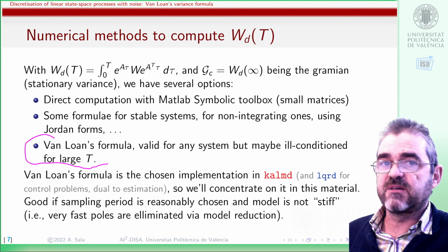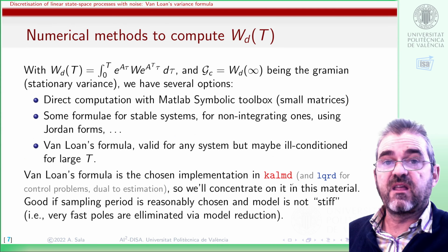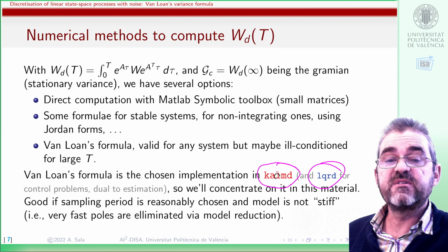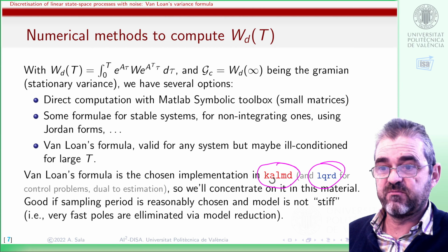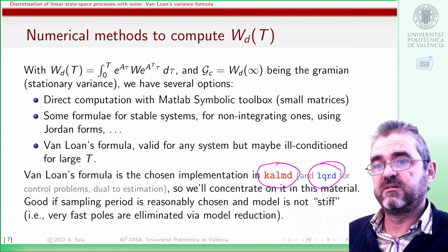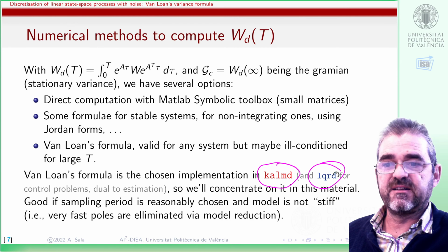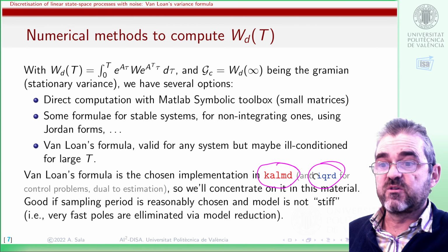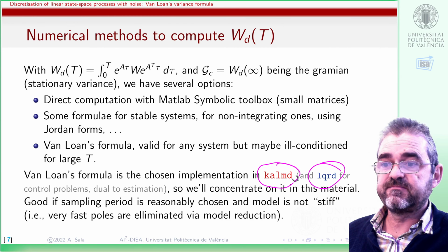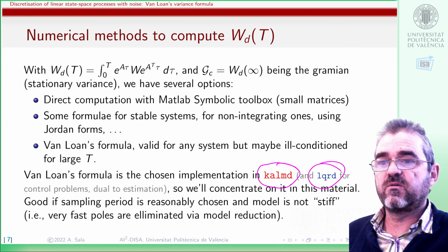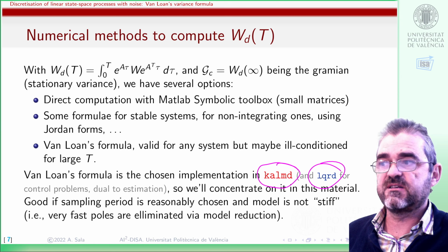So in reasonable setups, Van Loan's formula gives good results, and then these two commands in Matlab, which compute optimal state estimators in processes with noise, or the dual problem of optimal sampled-data linear quadratic regulator. Well, in these commands, Matlab uses Van Loan's formula, and so it's worth looking a bit in the details to see why and how Matlab does it.